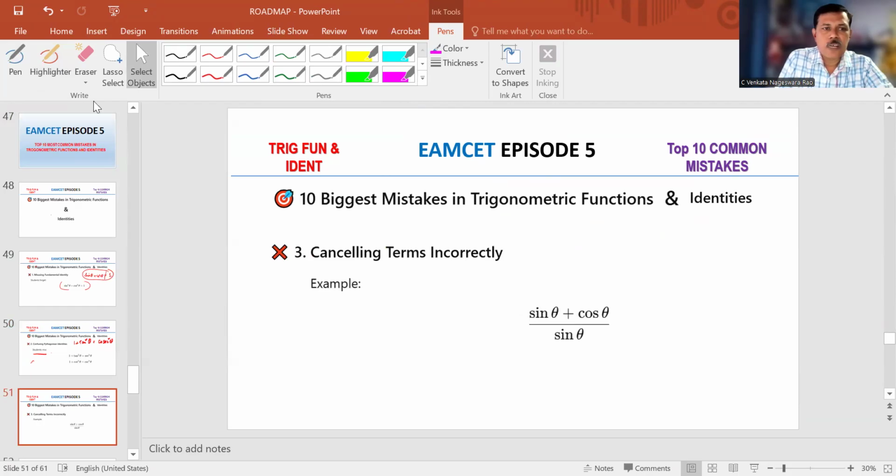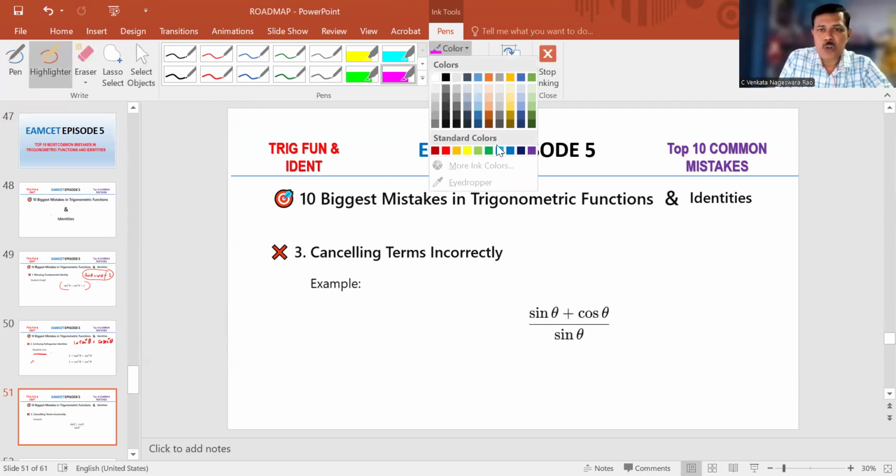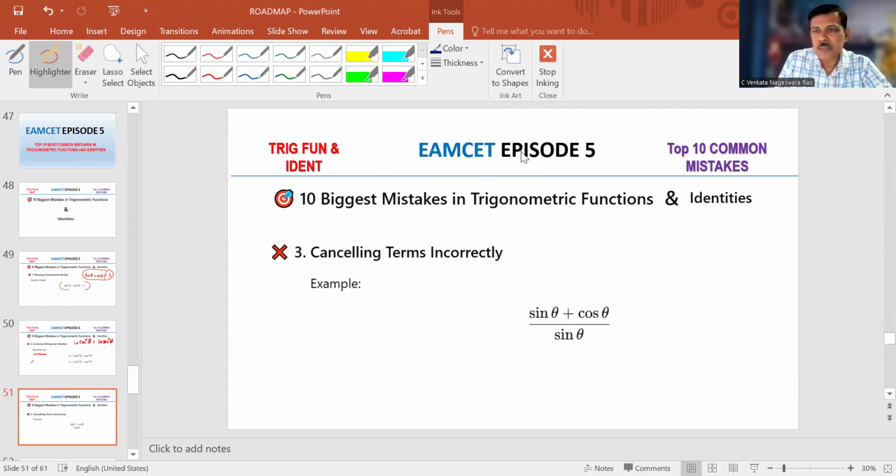Now, this is the highlight of all the mistakes we see regularly. Even I, while doing mathematics more and more, tend to do this: when we see such an expression, canceling sin theta directly is not the correct way.